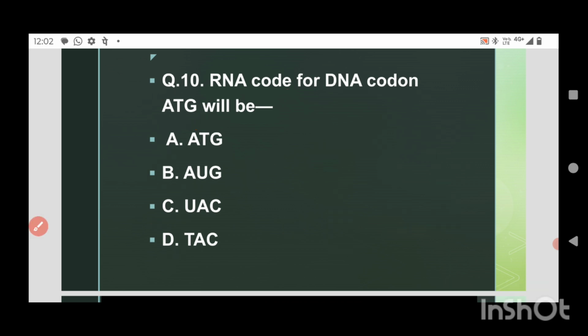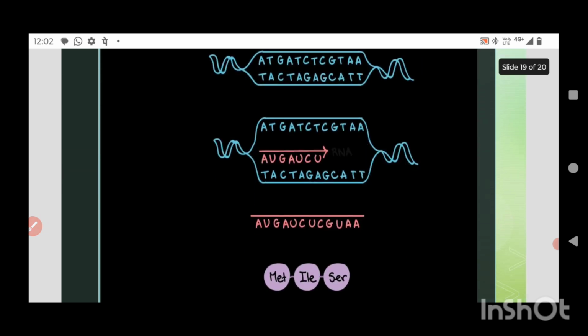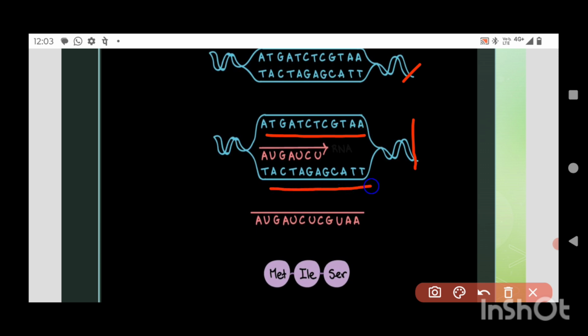Now we are going for its explanation. Now see that these two are the DNA strands, here is one strand of DNA sequence, and here is the other strand of DNA sequence, and here transcription is happening and producing mRNA.